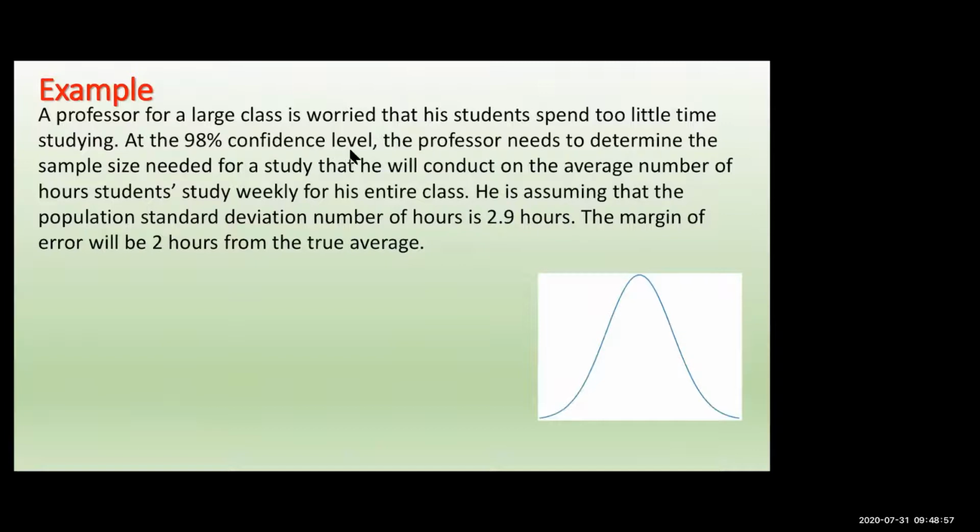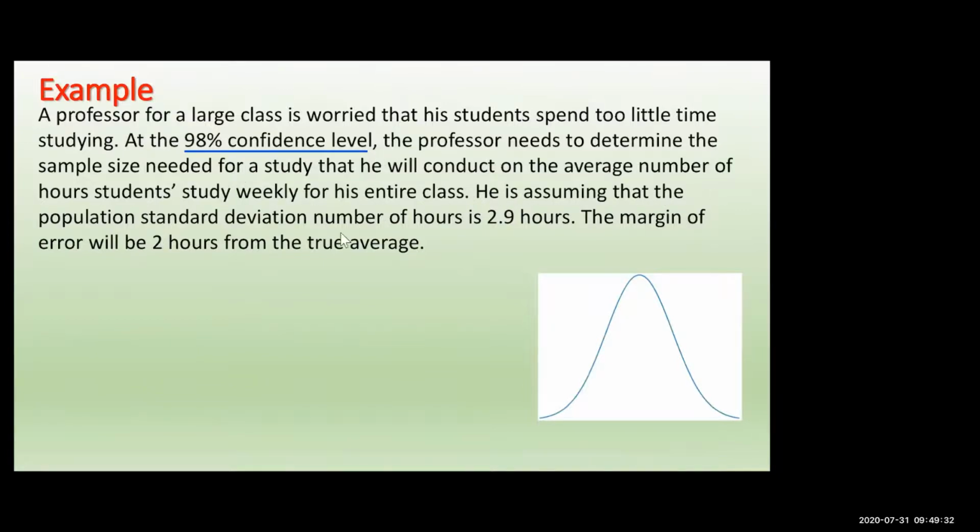At 98% confidence level, that's your C value, the professor needs to determine the sample size needed for a study that he will conduct on the average number of hours students study weekly for his entire class. So you want to study whether they are studying very little every week. In order to do that, you need to have a proper sample size. So he wants to determine the sample size.